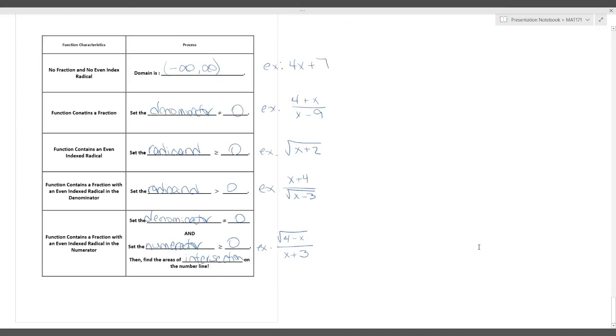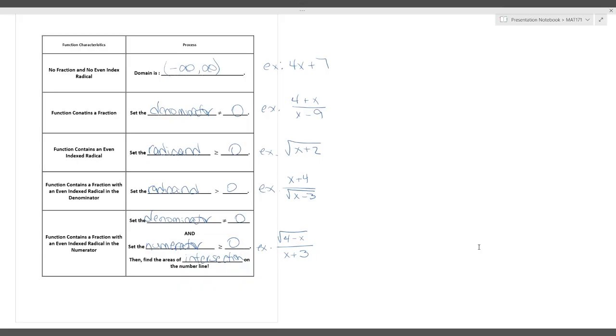And here we have a quick summary of all of these rules. So you can see if we have no fraction, no even indexed radical, our domain is everything. If our function does contain a fraction, we set the denominator not equal to 0. If it contains an even indexed radical, we set the radicand greater than or equal to 0.